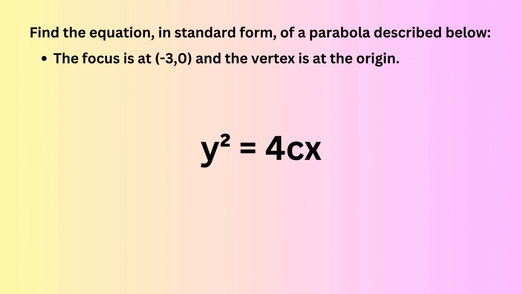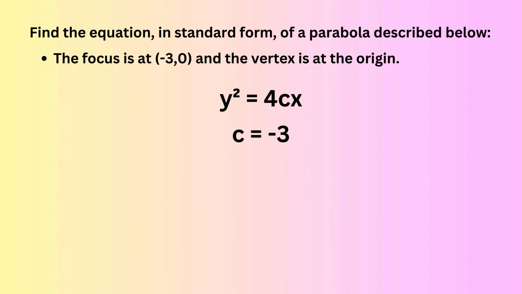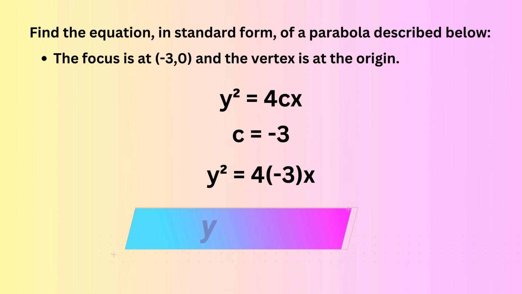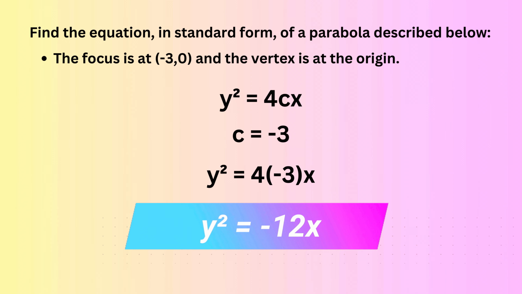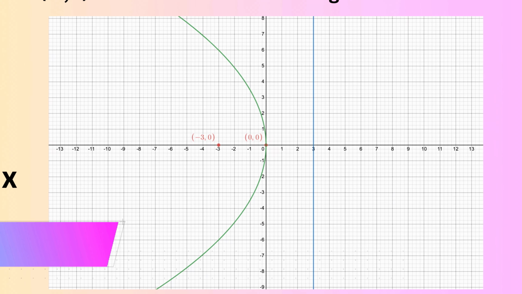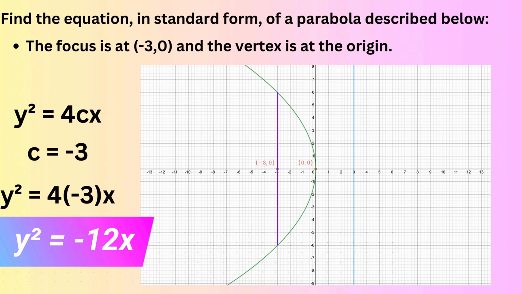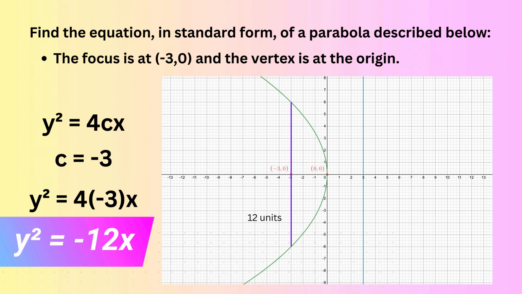We also know that the focus is 3 units away from the vertex, and since the parabola opens to the left, then our c is negative. Substituting the value of c, we have y squared equals 4 times negative 3 times x, or y squared equals negative 12x. And this parabola has a latus rectum that is 12 units.